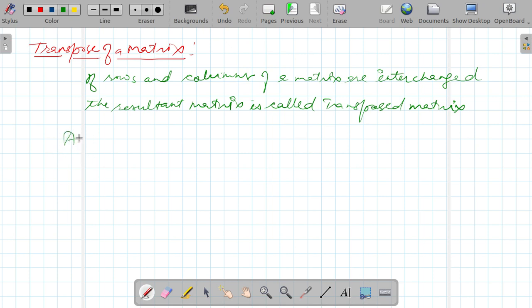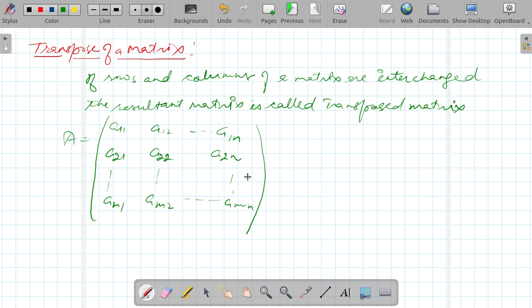So I am having a matrix A11, A12, A1n, A21, A22, A2n, and so on, AM1, AM2, and so on, AMN.